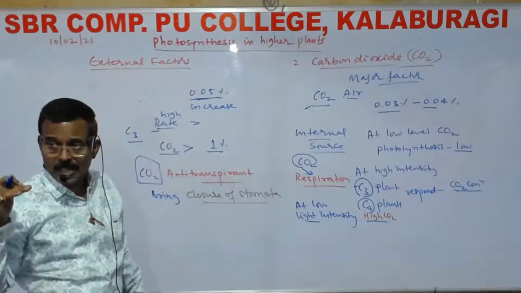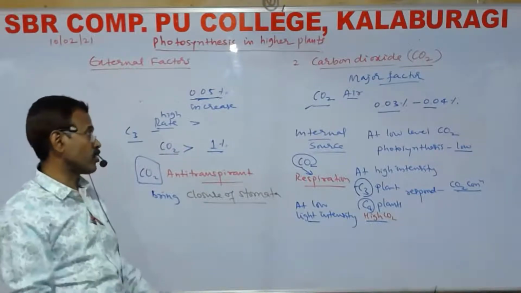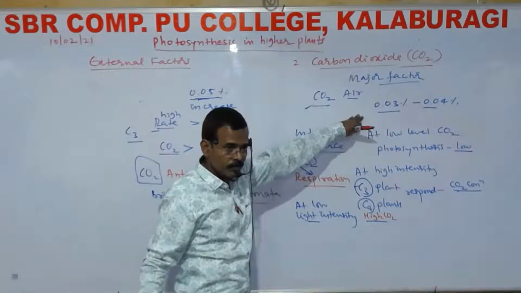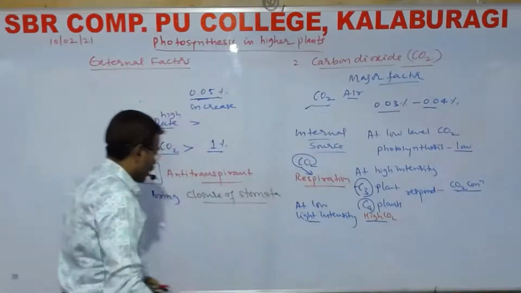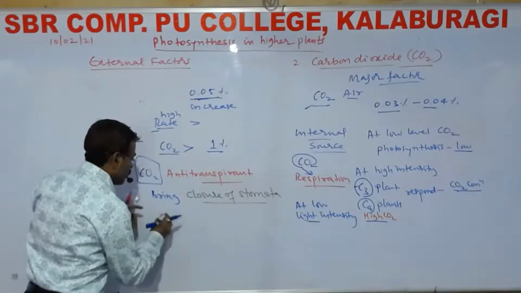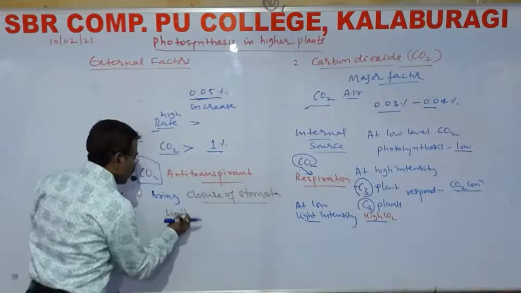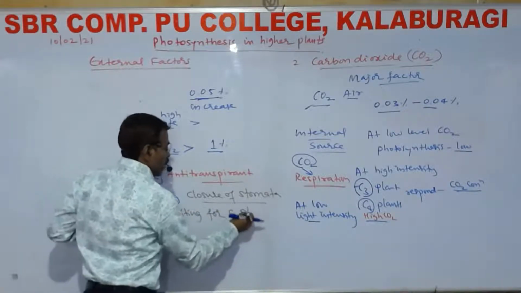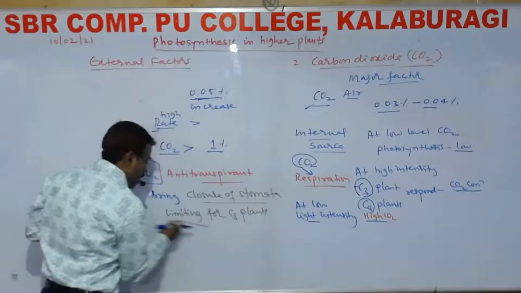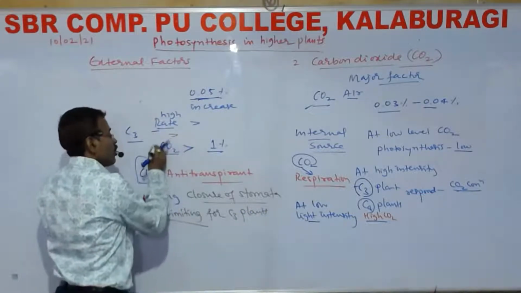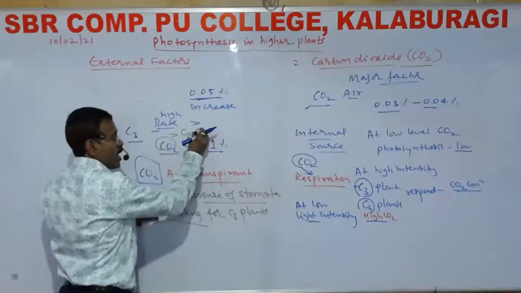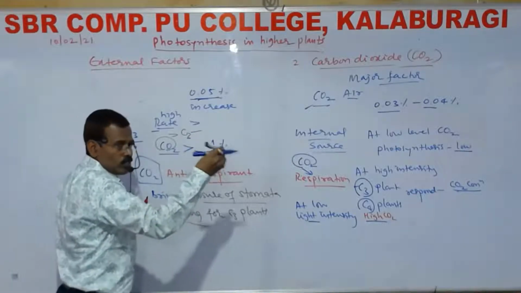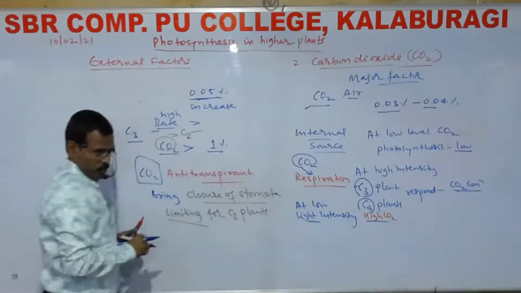Okay. The present concentration of carbon dioxide in the air is limiting for C3 plants. That's why if you raise the carbon dioxide concentration, the rate of photosynthesis in C3 plants will also increase.